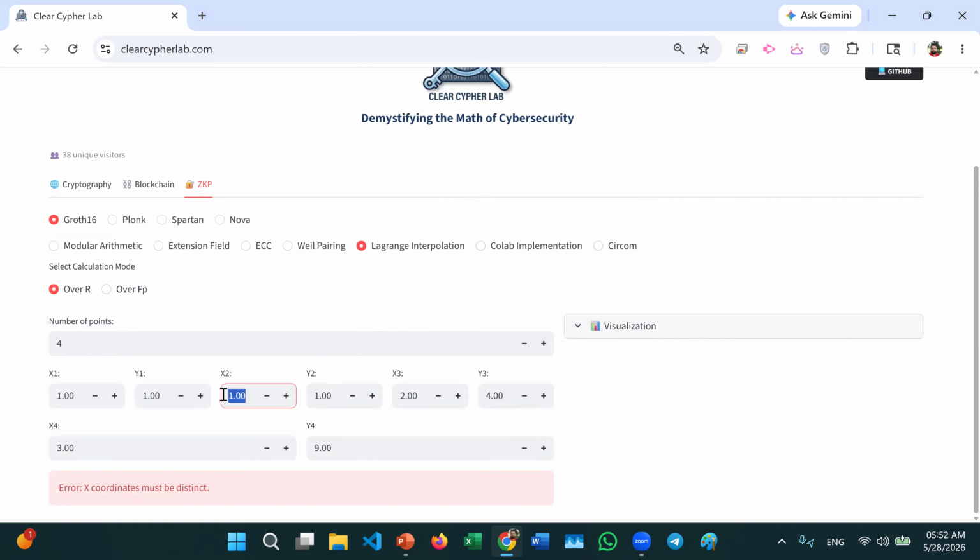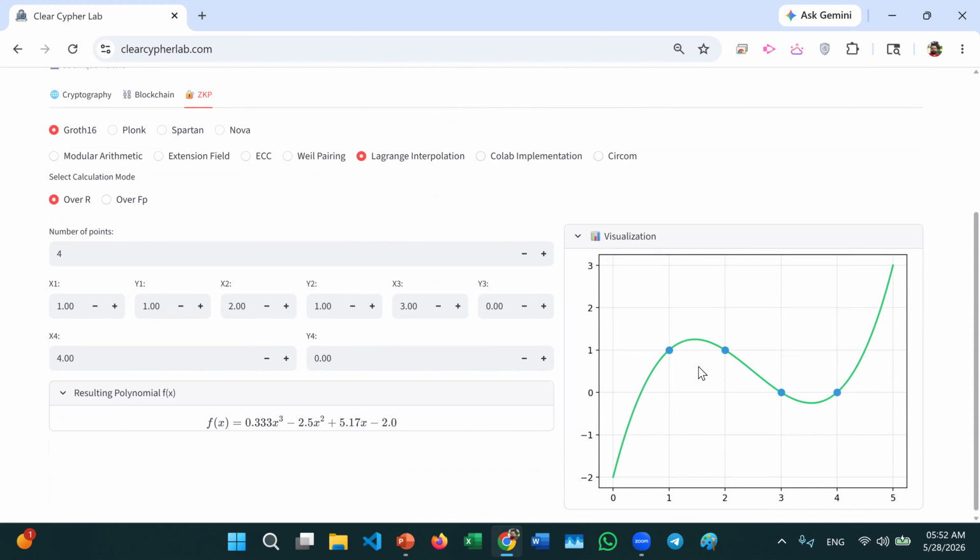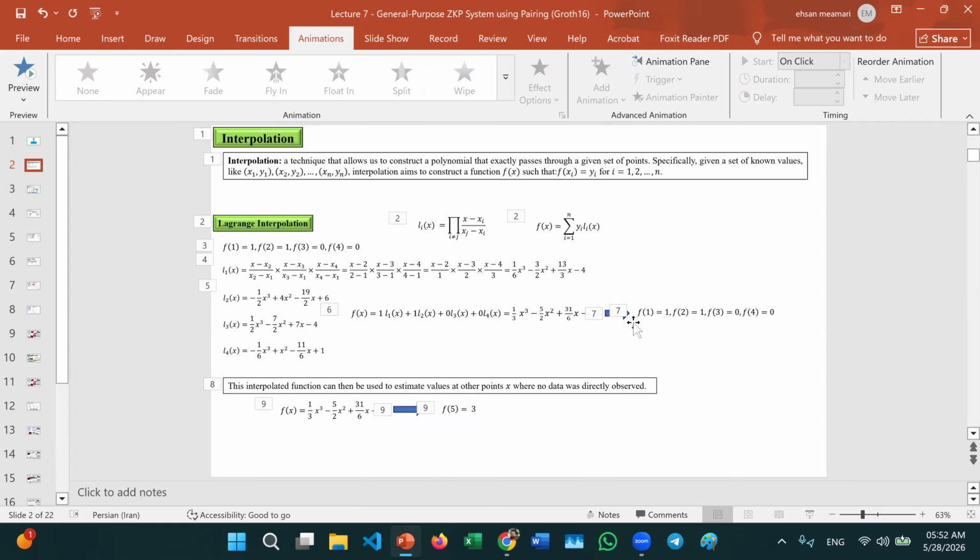And then the second one, 2 and 1, 3 and 0, 4 and 0, right? So this is the polynomial that is passing through the four points. And the formula here is similar to the formula we computed, right?